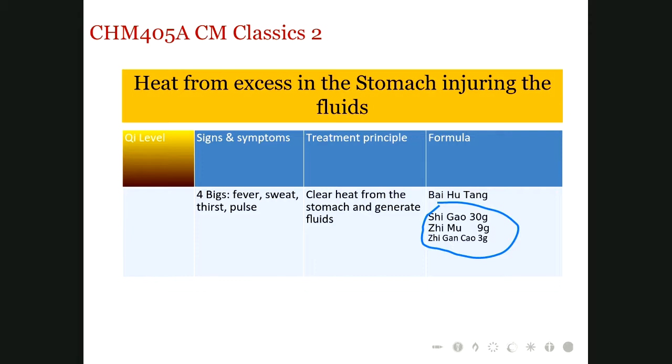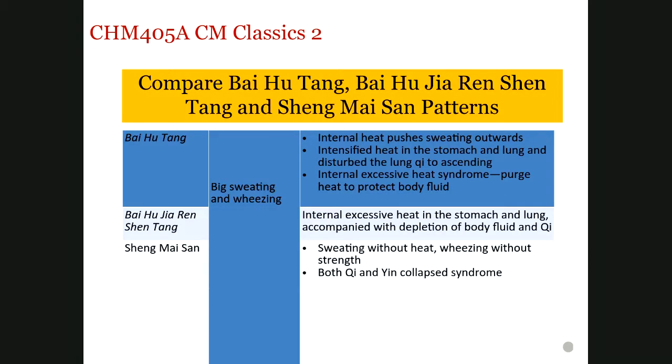白虎汤 uses mineral products as the chief to manage the high temperatures, supported by 知母 to supply the yin and clear the heat, with additional 甘草 and 粳米 to look after yin and the middle jiao, or yangming. There's also a comparison between 白虎汤, 白虎加人参汤, and 生脉散. This should be learned in Classics 1 or has been mentioned in the formula class as well. They can all be used for people suffering from big sweating or wheezing.